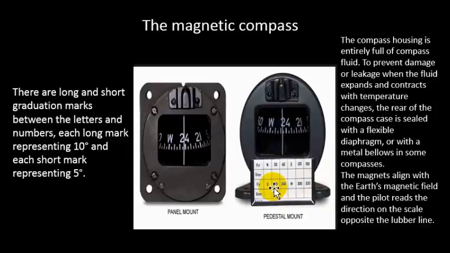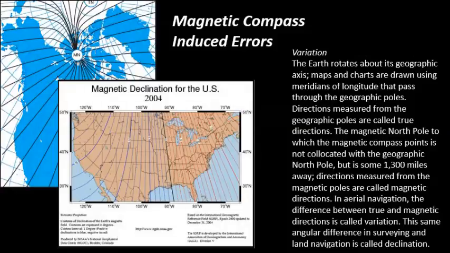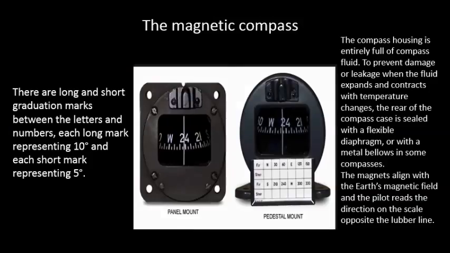What we need to understand is that geographically, you could never get to true north just following your magnetic compass, because this is a magnetic north directional seeking instrument. What that means is it's always looking for, or aligning itself, or comparing itself to where it is in relation to magnetic north.